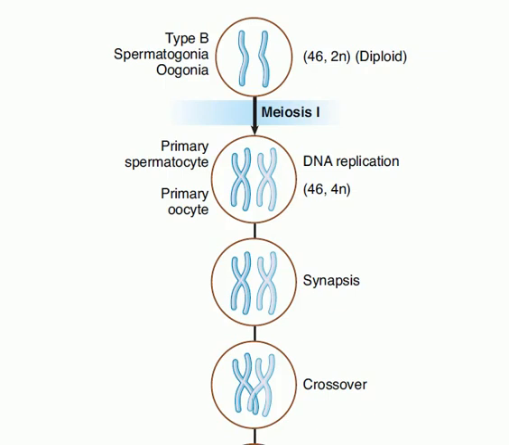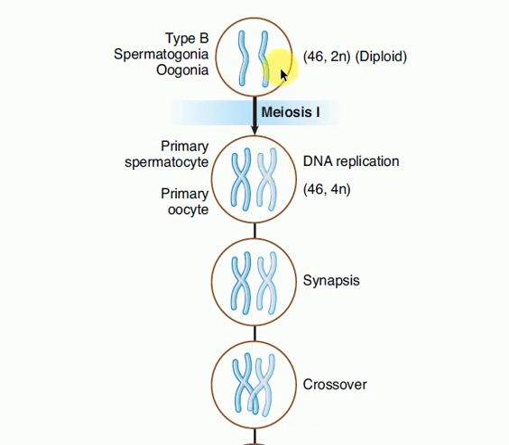So in the females, it is different, and how it's different is that at about 5 months of intrauterine life, when the fetus is about 5 months old, all the oogonia, which are shown over here, become meiotically active.